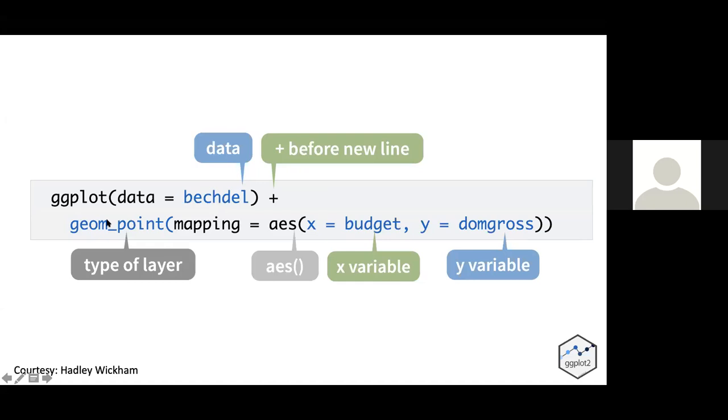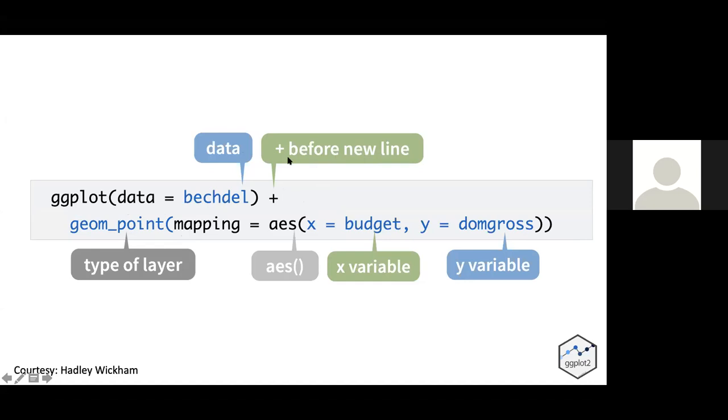To further elaborate on this, you can see an example like this. We have ggplot, and then we call the data set. This is the belt data, and we key in the argument, and then a plus. Remember, when you put the plus here, you need to take another line. If you cannot take another line, you can give a space, because if you did not do that, R will give you an error.